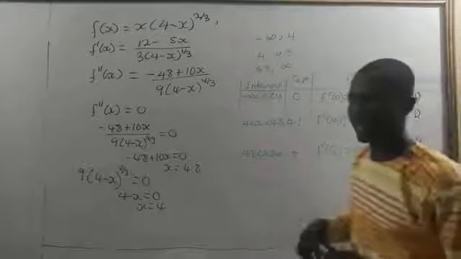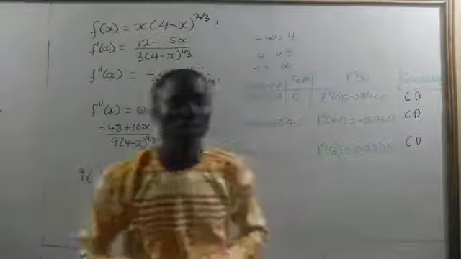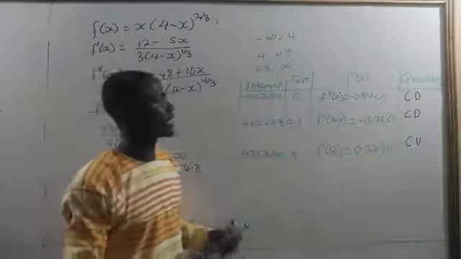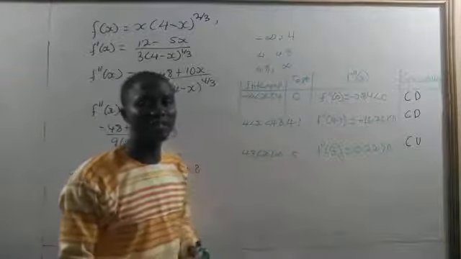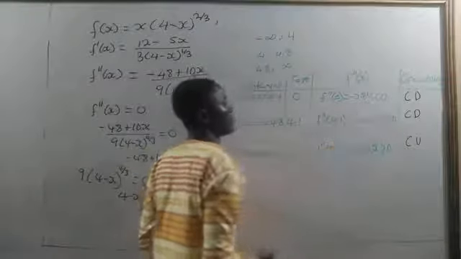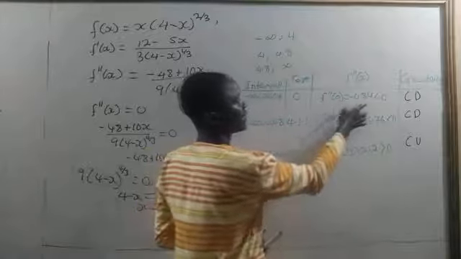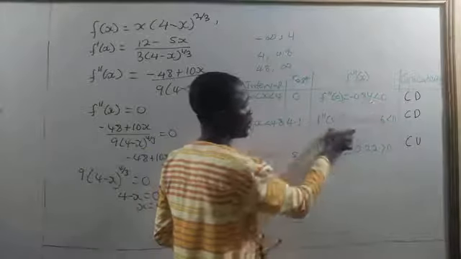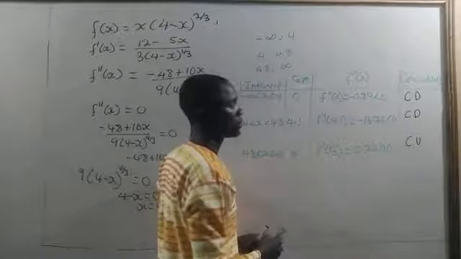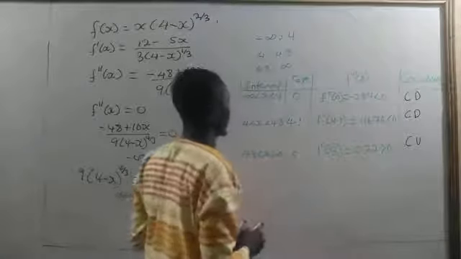Now, how do you find the points of inflection? We say that the point of inflection is where the second derivative changes sign. So let's see here. The second derivative is less than 0. If we come to this place, the second derivative is still less than 0. So it has not changed sign.